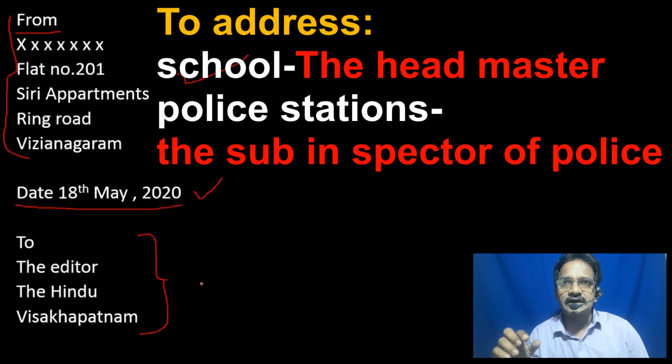When you are asked to write a complaint to the police station about the frequent thefts in your colony, then you have to mention the sub-inspector of police. And if it is a letter to the municipal commissioner, then you have to write to the commissioner of municipality.